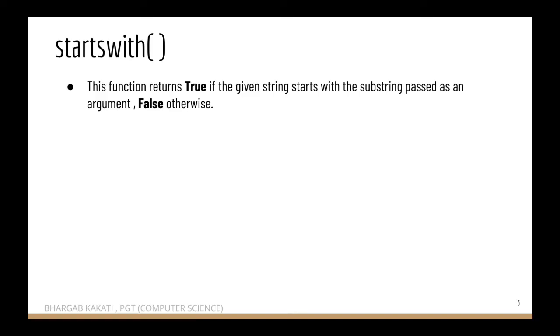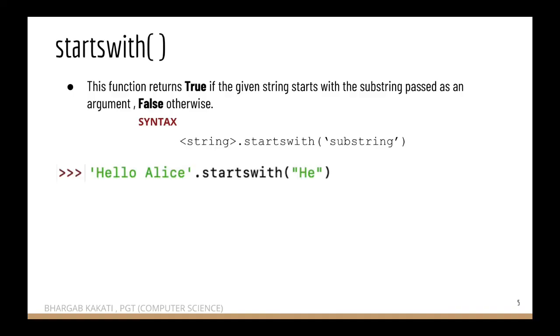If you put a substring by which it does not begin, then it will return false. For example, take hello Alice dot starts with he. Does the string hello Alice start with he? Yes, it starts with he, therefore it will return true.